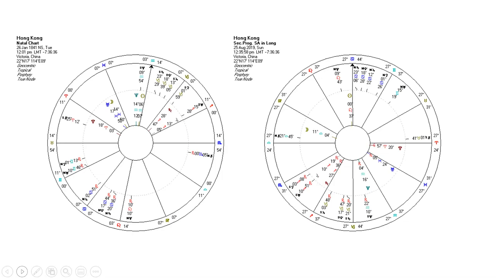Here's Hong Kong with the secondary progressed wheel for now. Interesting to note in the progressed wheel here that the progressed sun is now in Leo.